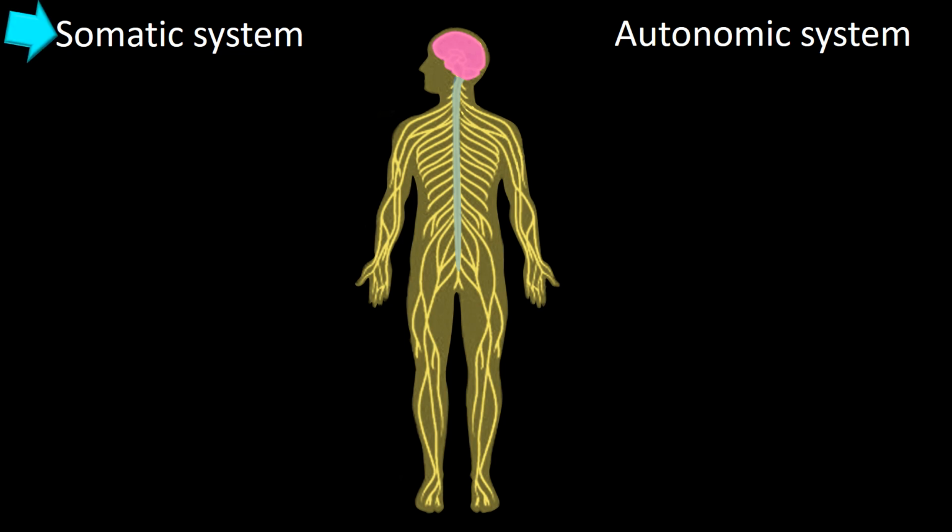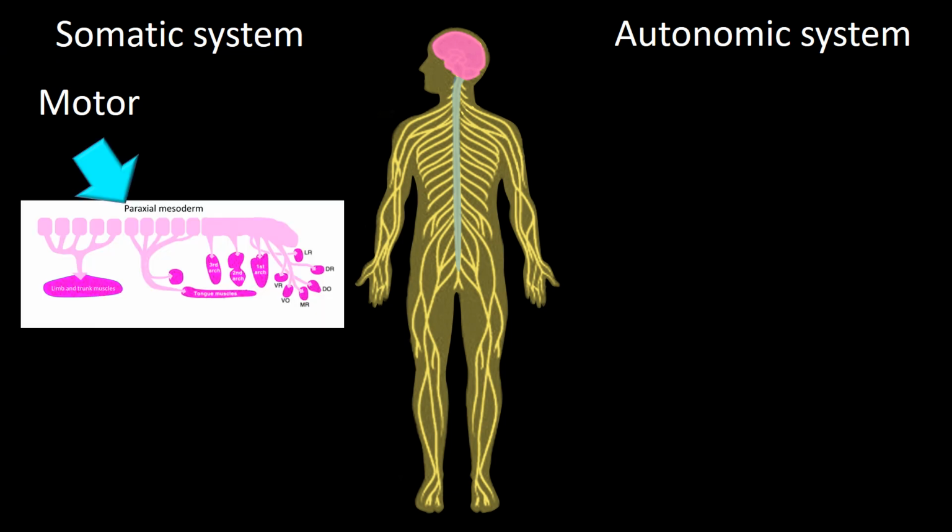We are going to use the term somatic motor system to refer to neurons and neurites involved in direct voluntary control of movement by muscles derived from the paraaxial mesoderm.